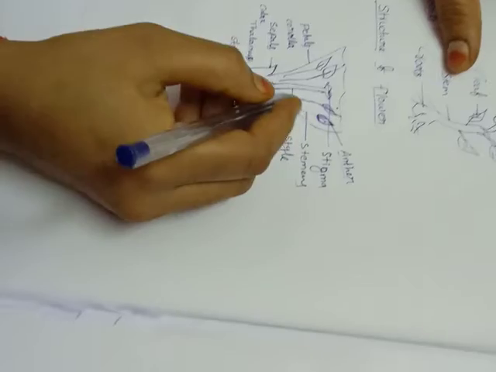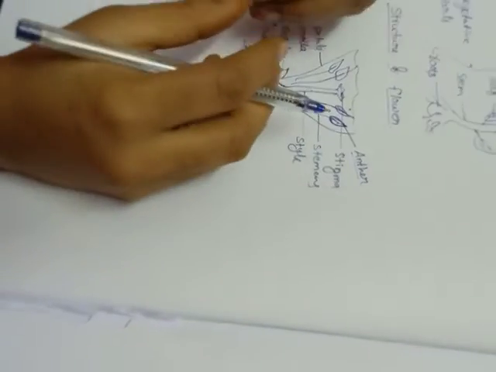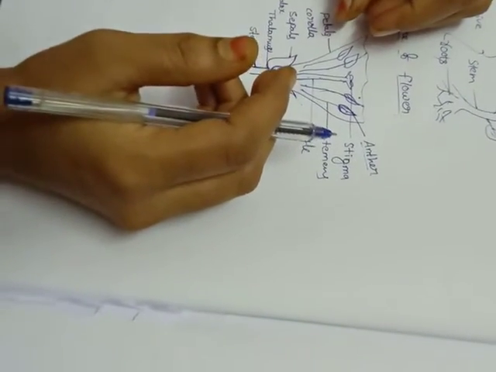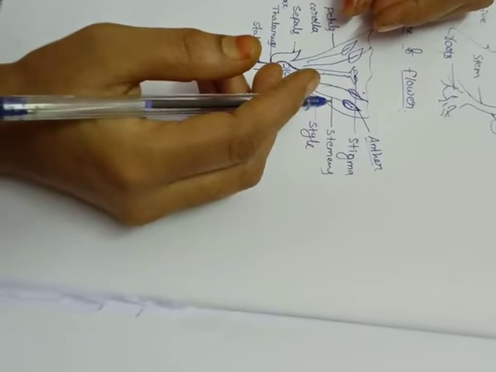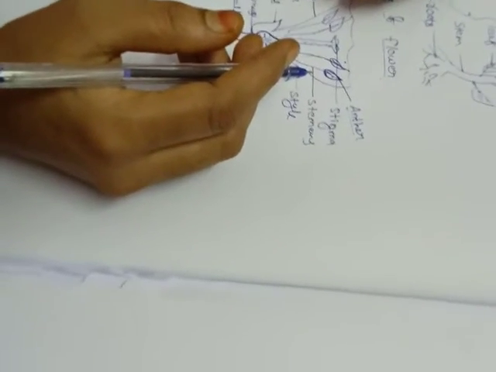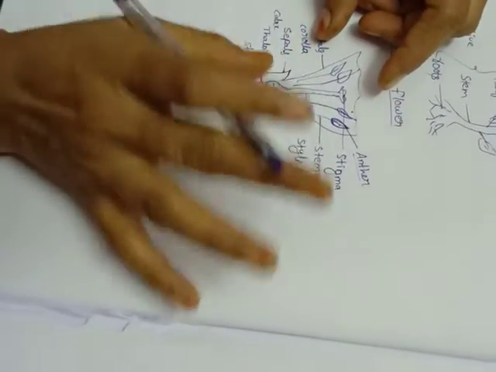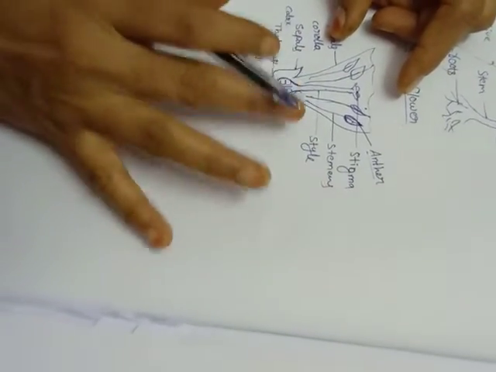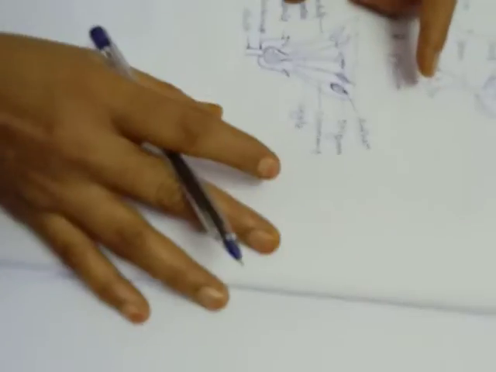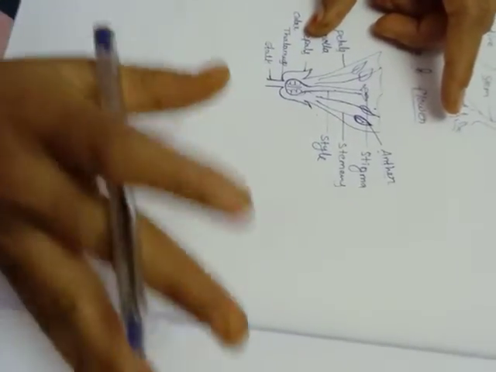Now coming to the sexual organs: unisexual flowers and bisexual flowers. What are unisexual flowers? A flower which has either stamens, androecium, or gynoecium. Only one of them is present in that flower, either androecium or gynoecium. That is a unisexual flower.